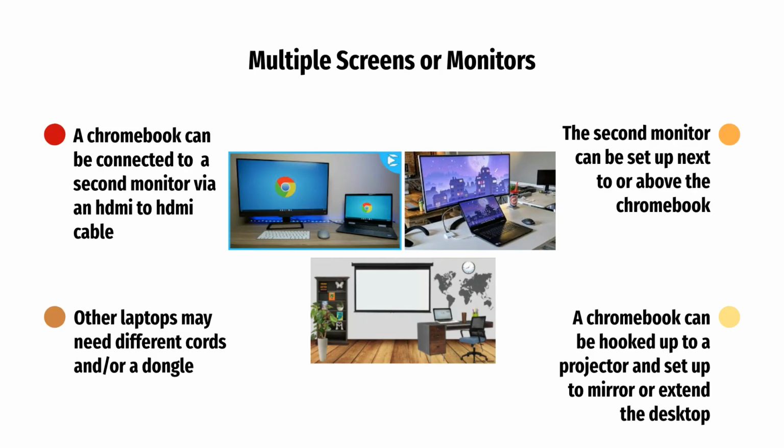You can, however, set up multiple screens or monitors. The images here show some examples of ways that those can be set up. So your Chromebook can be attached to another monitor and they can be mirroring each other. So they can be showing the same thing, or they can be extended.